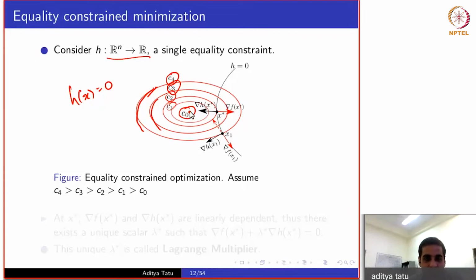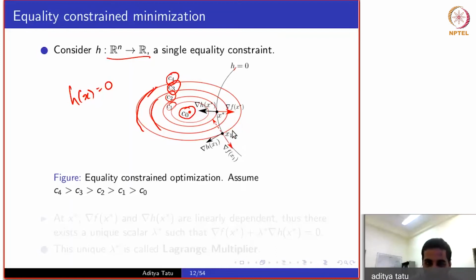But of course, you are not supposed to find this point because it does not satisfy the equality constraint. Points that satisfy the equality constraint are represented here by this black curve. So you should restrict your search for a minima only to points on this curve. Now let's try to figure out what is the condition that the minimum point on this black curve will satisfy.